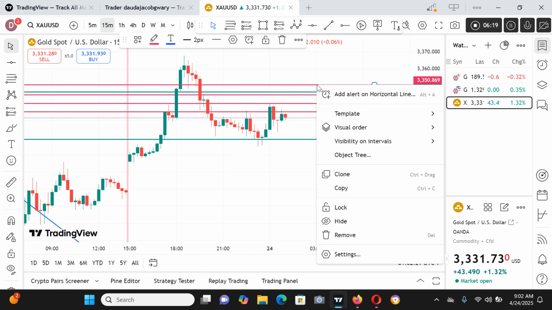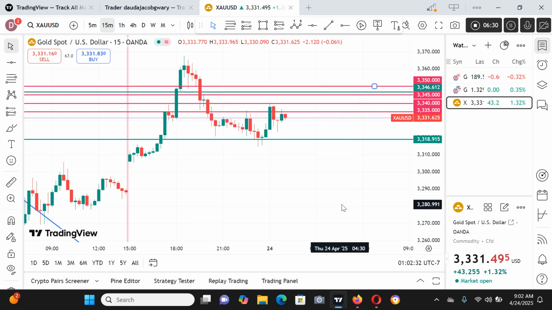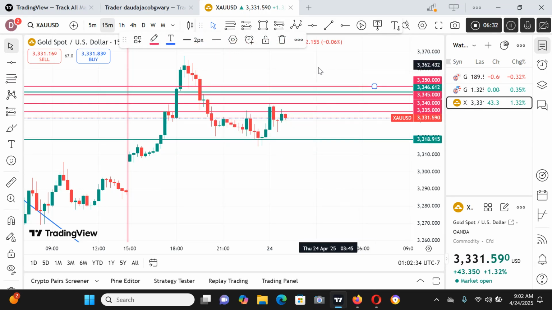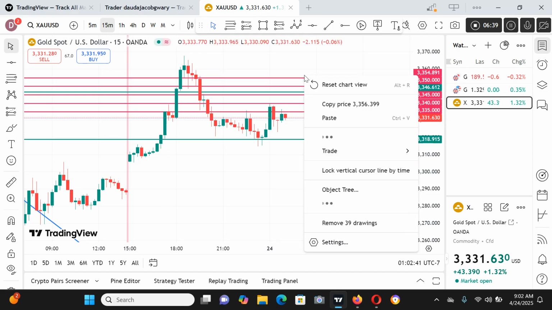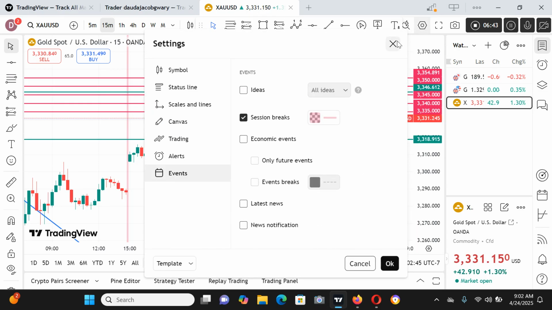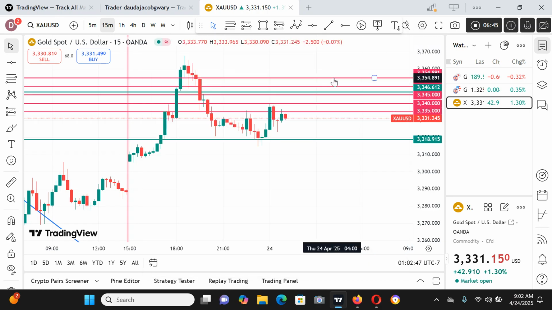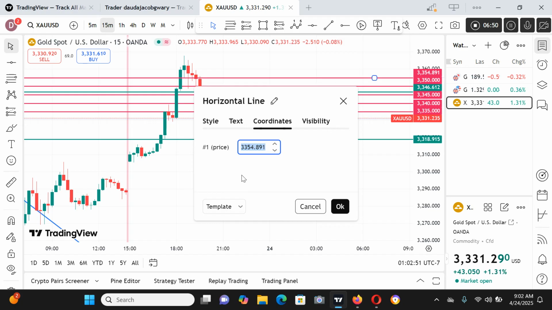If this one is 45, the next one will be 50, 3350.00. The next one will be 3355.00. This is as easy as that. This is how to play psychological level on gold.